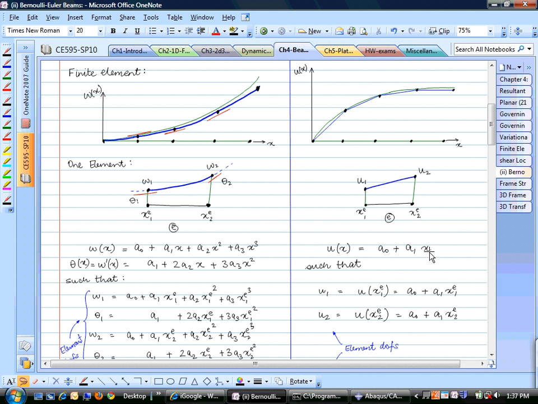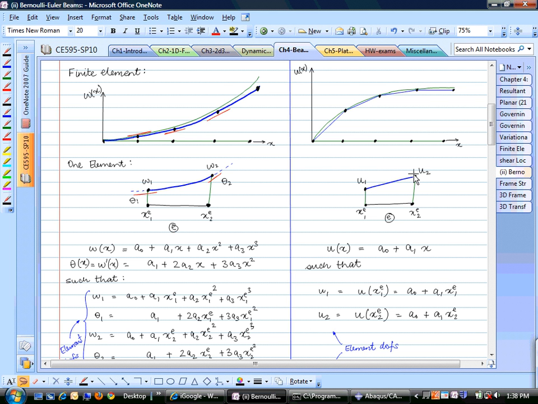Using this Ritz approximation, the finite element idea is that the value of the displacement at the node should be equal to the degree of freedom. So this u1 is the degree of freedom, this u2 is the degree of freedom at 2. If you simply evaluate this expression, plugging in the value of this node, let's say this is 3 point something, this is 4 point something, when you plug this in, you will get that u1, the degree of freedom here, should be equal to that value.